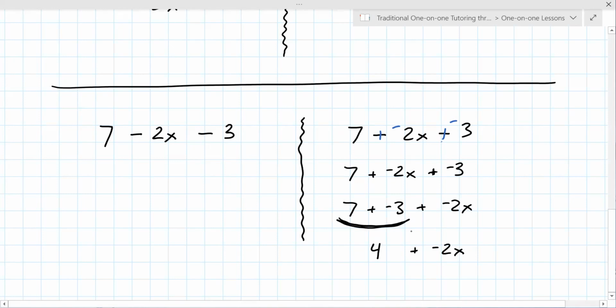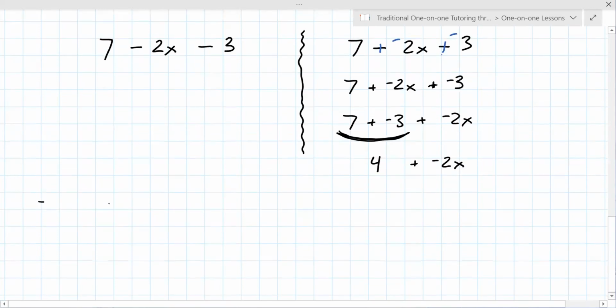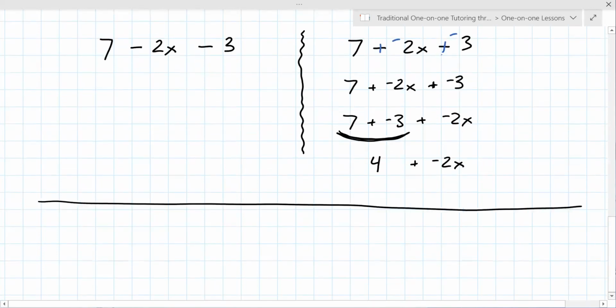Is that okay? Yeah, so now what you did was just make it a plus, so that you can manage it in a plus form instead of a minus form. Yes. Okay, that helps a lot, because now I have 7 plus negative 3 is 4 plus.